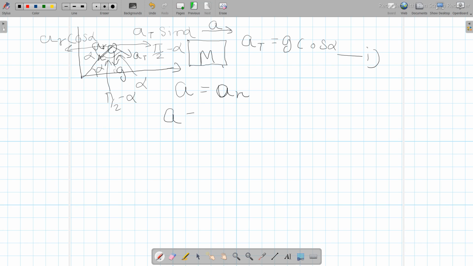Therefore a is equal to at sine alpha minus ar cos alpha. So I am removing the background.